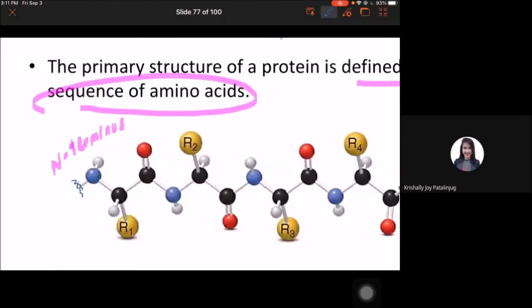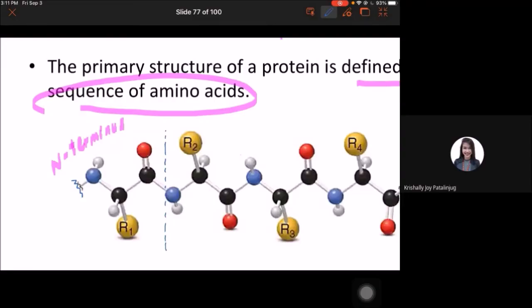So again, the N-terminal has the free amino group. In general, the part that is separated is the N-terminal amino acid, because it is the one with a free amino group.